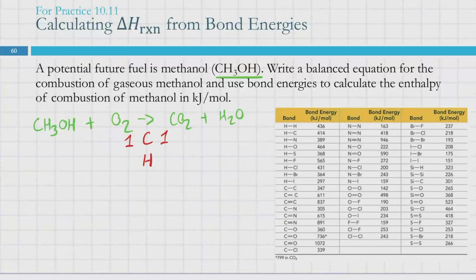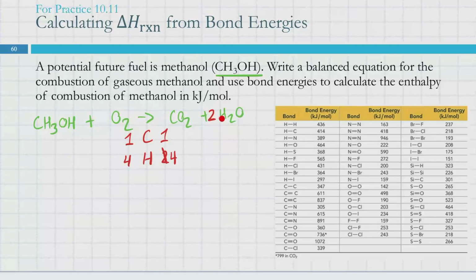For our hydrogens, we've got 4 on the left side, 3 plus 1. On the right side, we've got 2. Got to get those numbers up. So we put a 2 in front of our H2O. Now our hydrogens are balanced.